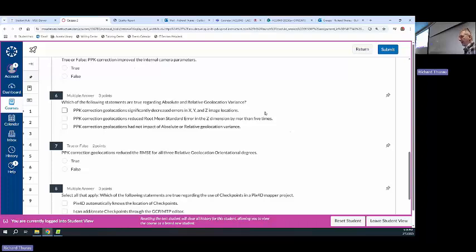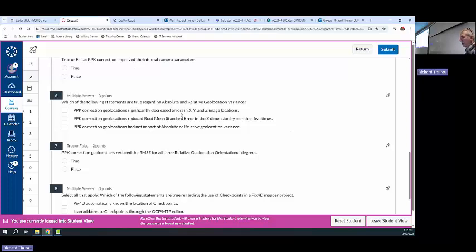All right, which of the following statements are true regarding absolute and relative geolocation variance? So PPK correction geolocation significantly decreases the errors in X, Y, and Z image locations. I mean, that's what I would expect.